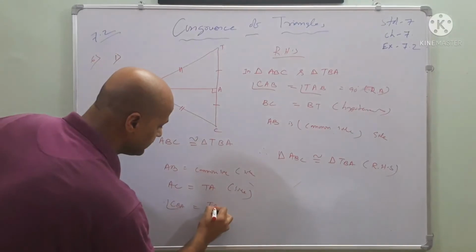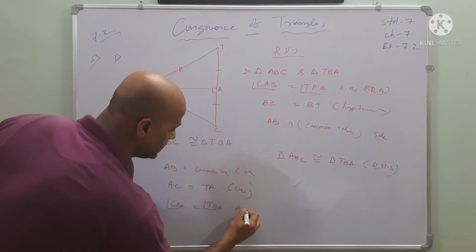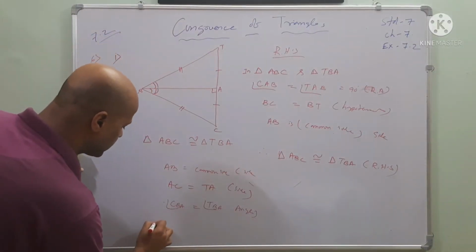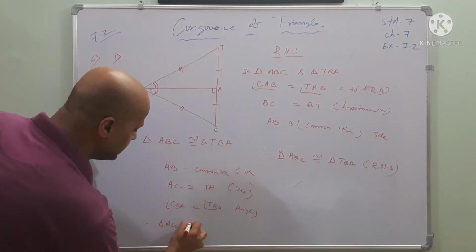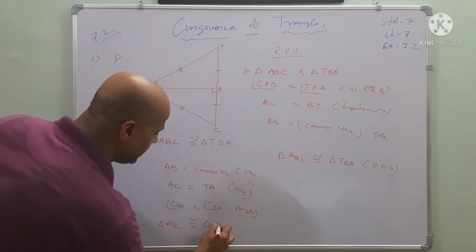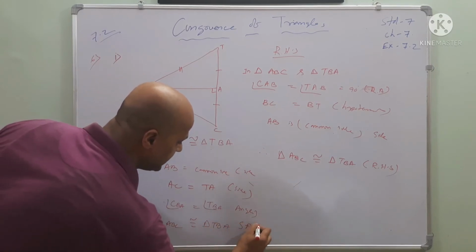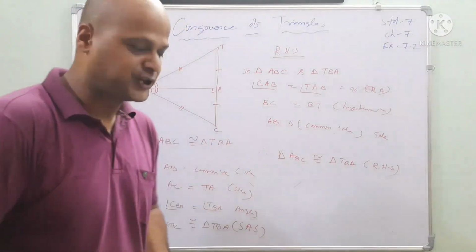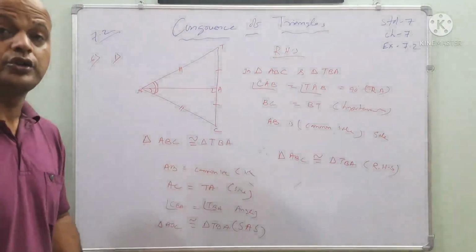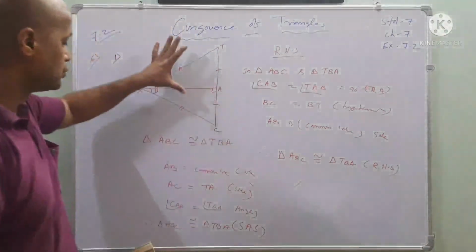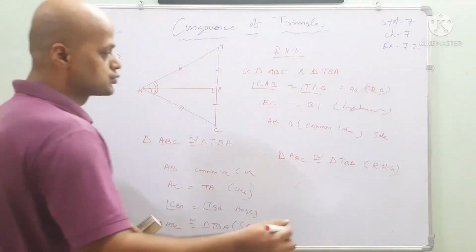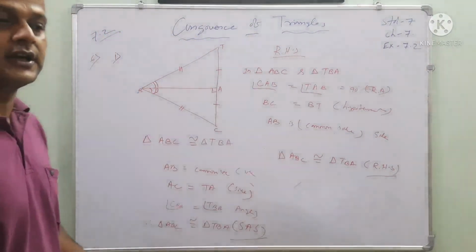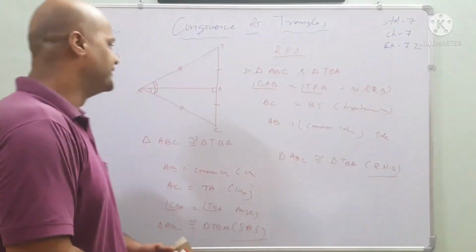TBA. This is an angle. Then which rule is it? Triangle ABC is congruent to triangle TBA by which rule? SAS rule. Side, angle, side. Understood? This criterion also proves that these two triangles are congruent to each other. First one is RHS criterion, second one is SAS criterion. Understood, my dear friends? Okay, very good.